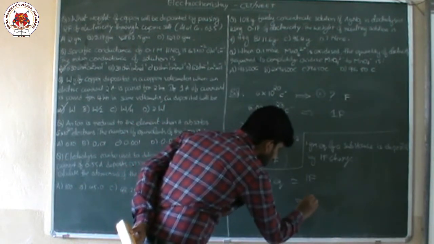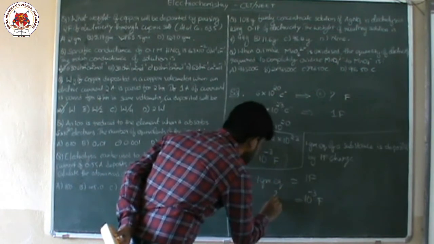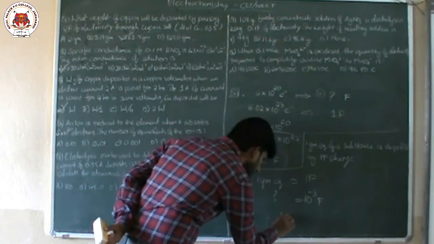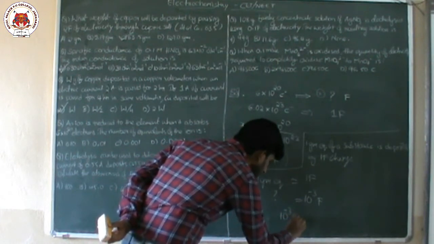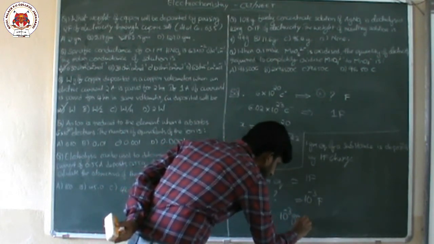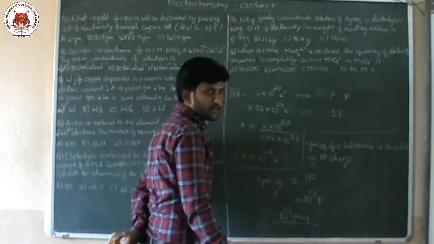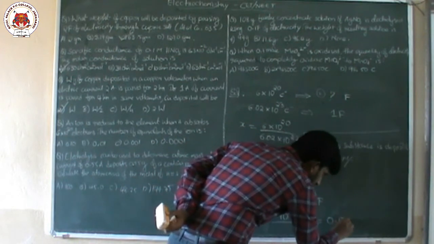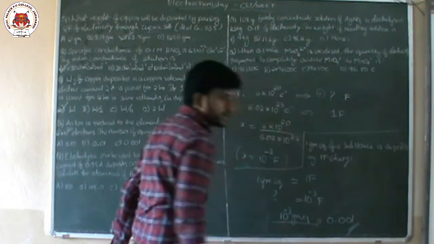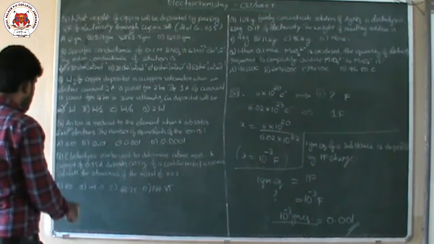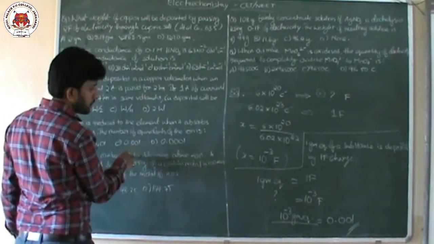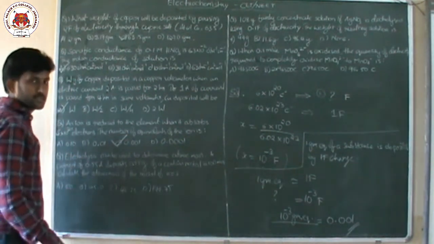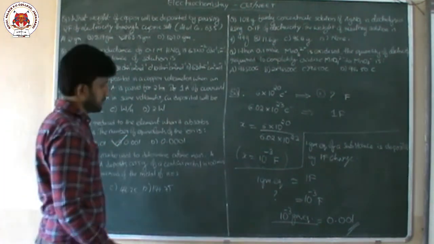That means 10 power minus 3 Faradays will deposit how many gram equivalents? Again cross multiply. So 10 power minus 3 gram equivalents of the substance will get deposited or liberated, that is 0.001 gram equivalent.